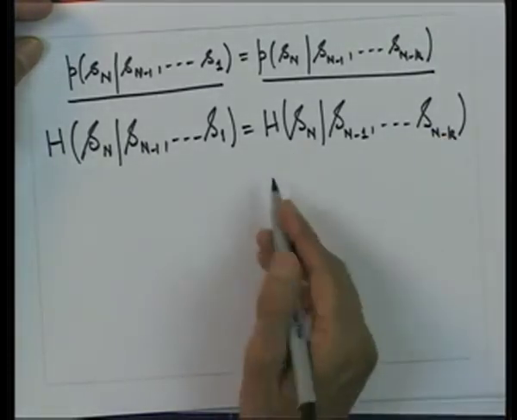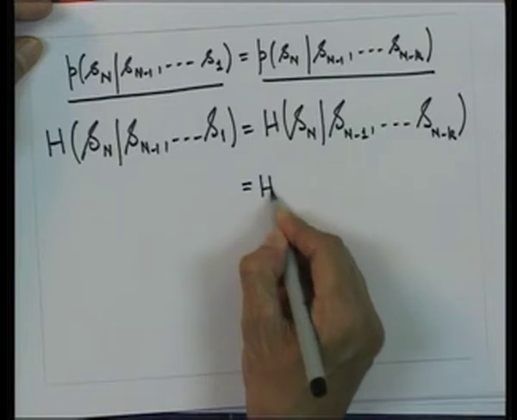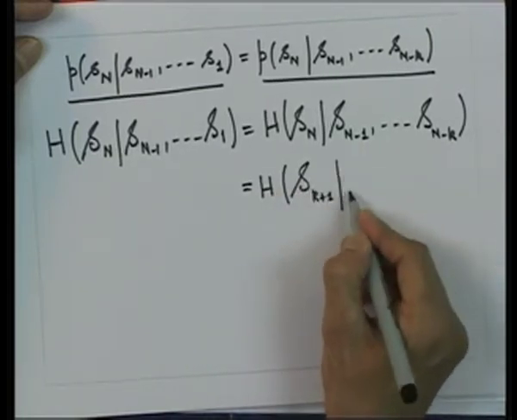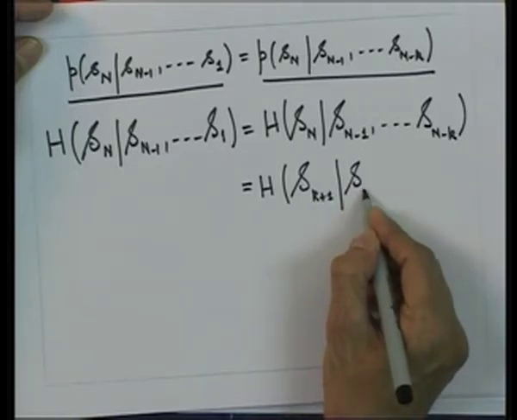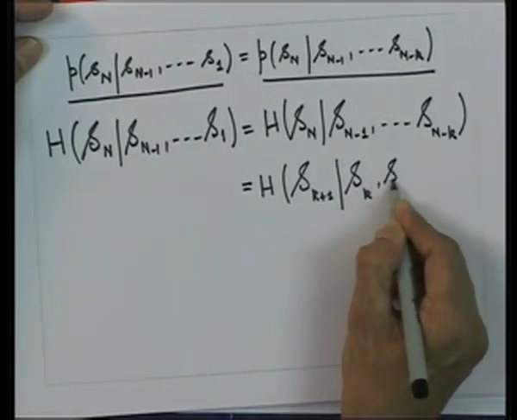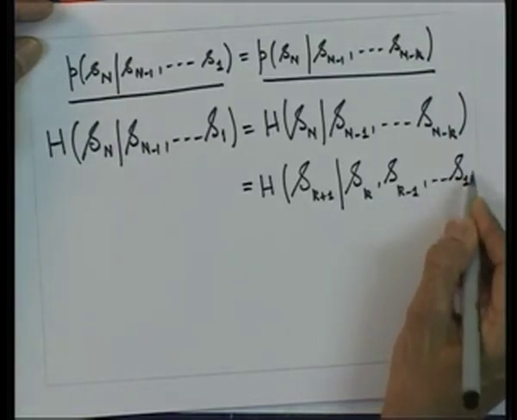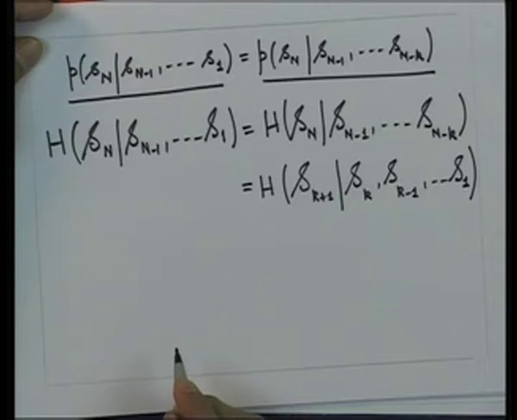And because the Markov source is ergodic and stationary, I can write this as H of S(k+1) given S(k) up to S1.